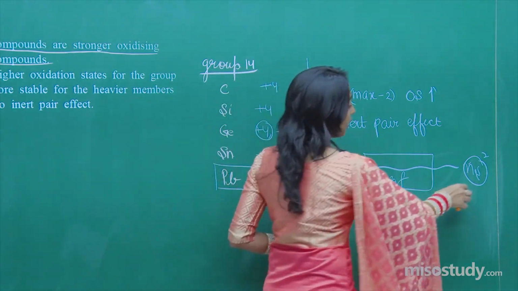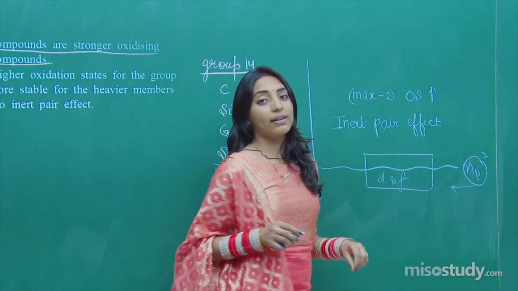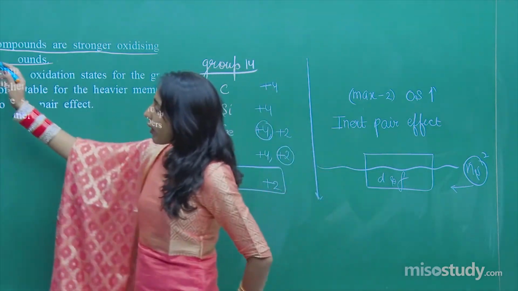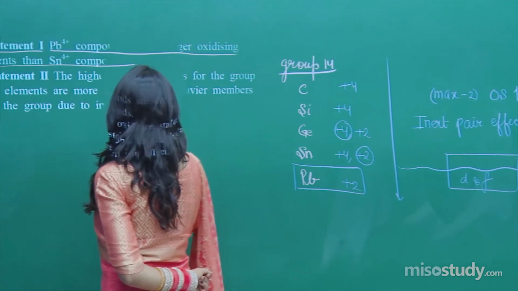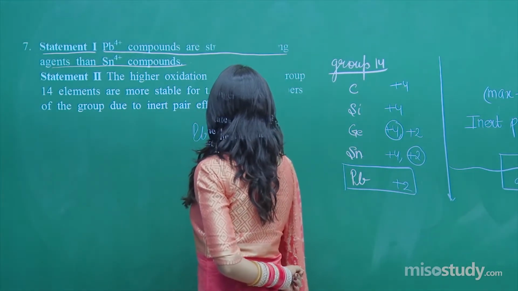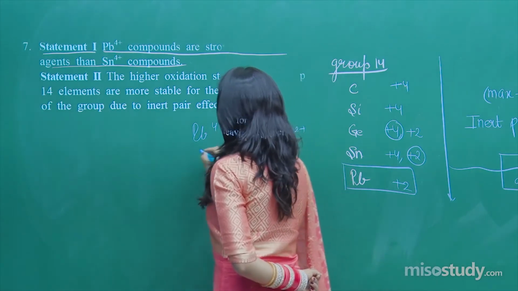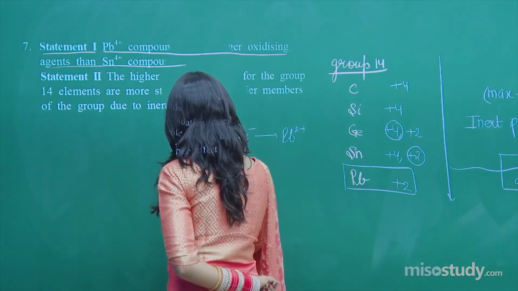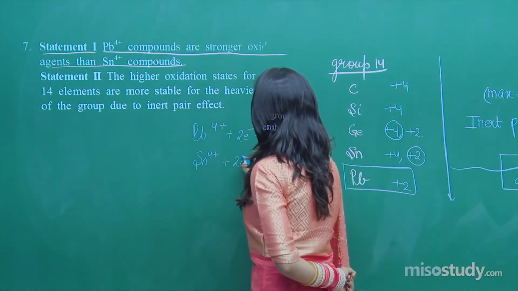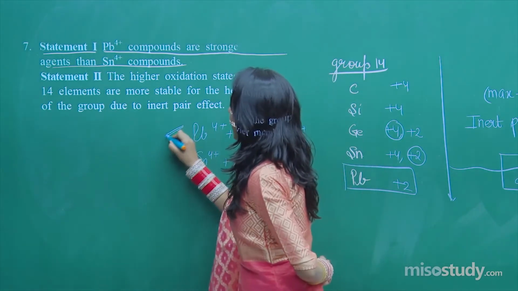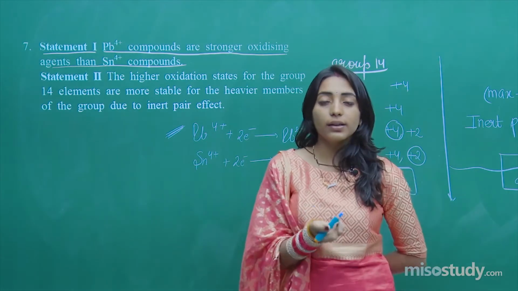Because of which they will be coming closer to the nucleus and they will have little tendency to take part in bonding. So if I am comparing the stability of Pb +4 accepting 2 electrons to form Pb +2, or Sn +4 accepting 2 electrons to form Sn +2, then the first reaction will be a quicker reaction.